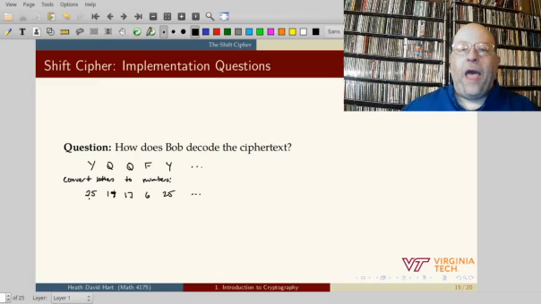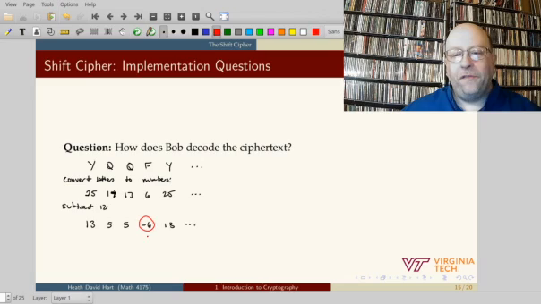Bob knows that Alice had to add 12 to every character, so Bob is going to subtract 12. 25 minus 12 is 13. 17 minus 12 is 5. 6 minus 12 is negative 6. 25 minus 12 is 13, and so on and so forth. But negative 6 is an underflow.